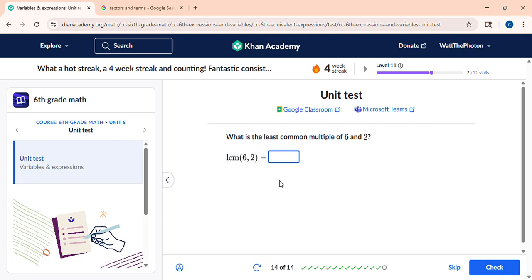The smallest common multiple. The least common multiple. Greatest common factor. Least common multiple. Is it 6?